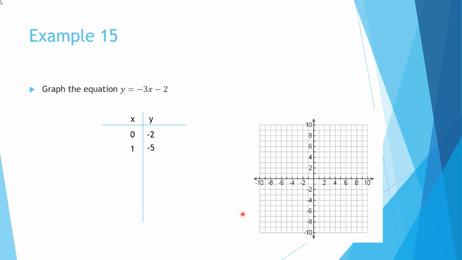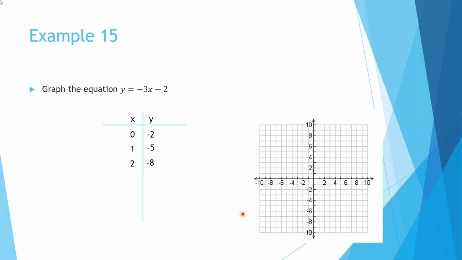Again, you're just taking the x value and plugging it into that equation. Take 2 and I'm going to plug that in. 2 times negative 3 is negative 6, and then negative 6 minus 2 is negative 8.